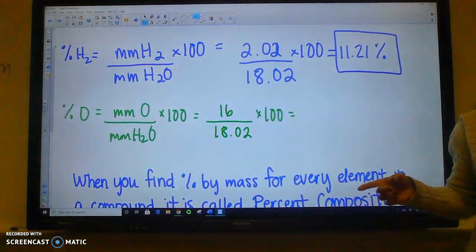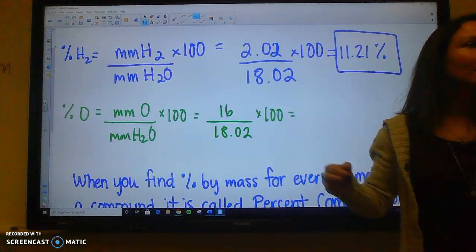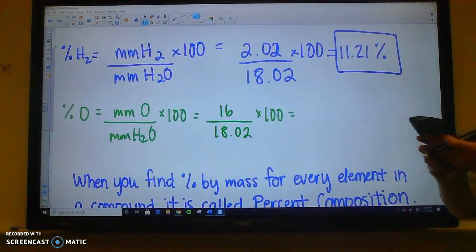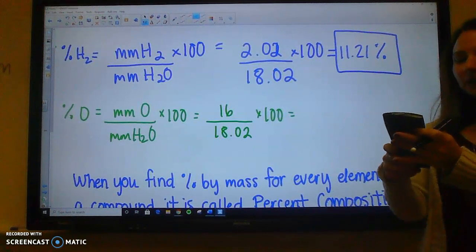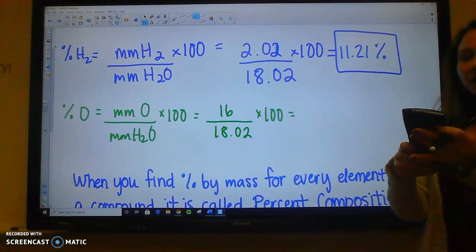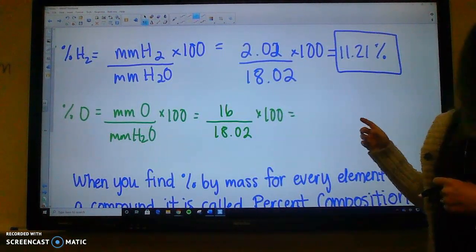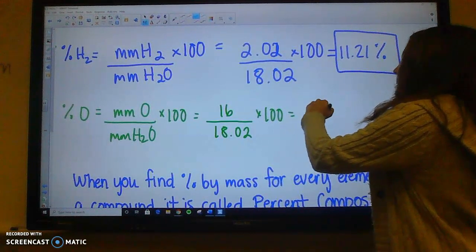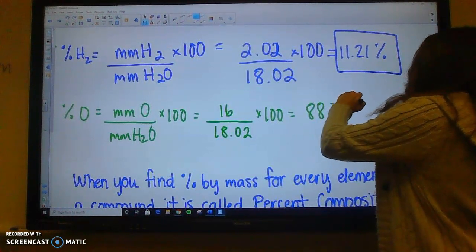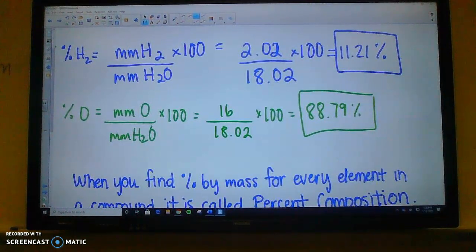Also, while Emma's doing this, I totally forgot to tell y'all that multiplication and division is going to give you the same answer regardless of what order you do this in. This answer is 88.79%.